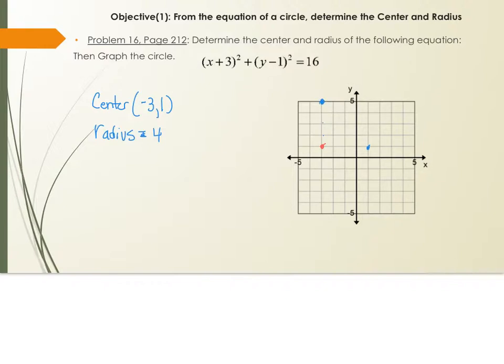And now to the left, I'll go 4 units out, so it's about right there. And then we'll go down 4, 1, 2, 3, 4. And so I have the points, and now I'm going to draw my circle the best I can. And it's okay. So there's my circle for this particular equation.